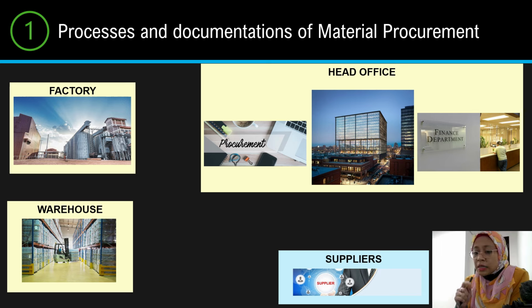So the procurement department should identify which suppliers offer the best quality with an affordable and appropriate price, plus probably a location nearby the factory.